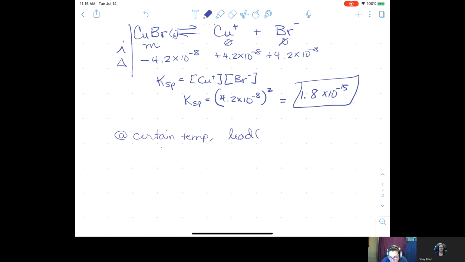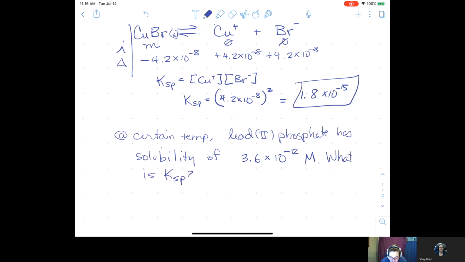Lead, Roman numeral 2, phosphate has the solubility of 3.6 times 10 to the minus 12 molarity. All right, I'm sure at some temperature it does. Again, I'm just kind of making these up. What is the Ksp?